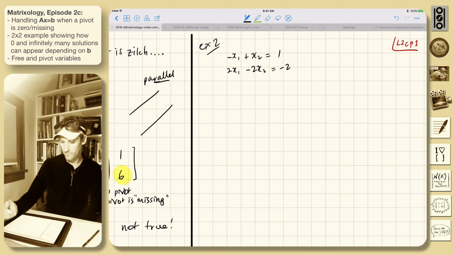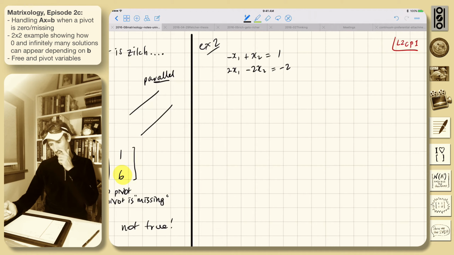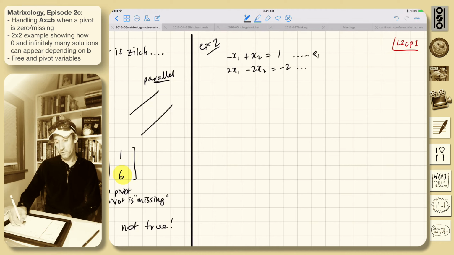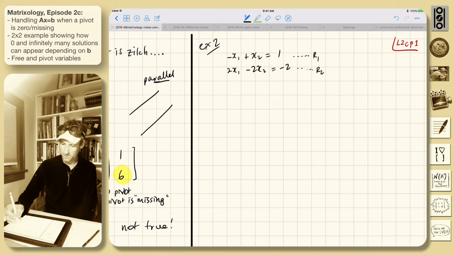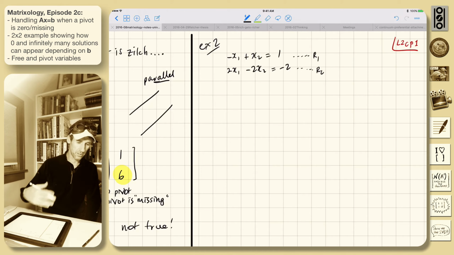So you can see that if you multiply row 1 by minus 2, you get row 2. So they're actually the same equation. Let's just see how that works out.